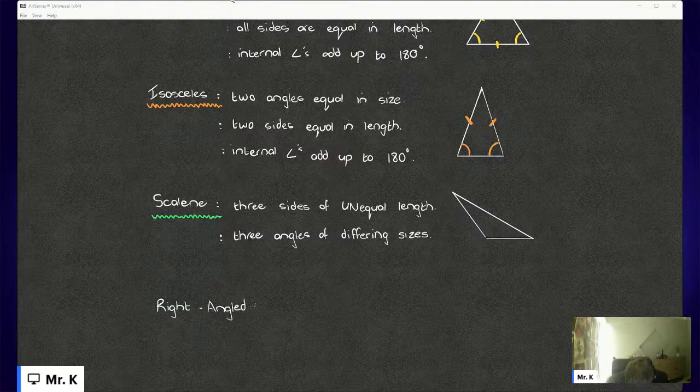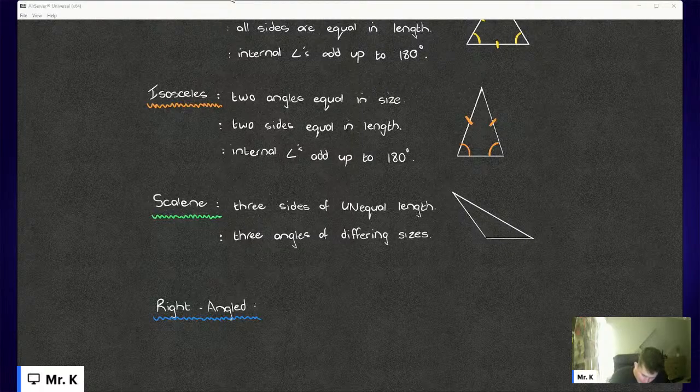Right angle triangles. Now, when it comes to these triangles, they are very important in the world of geometry. And believe it or not, if you guys decide to keep up with maths for next year in grade 10, you will see how important these triangles become because they are the foundation of trigonometry.